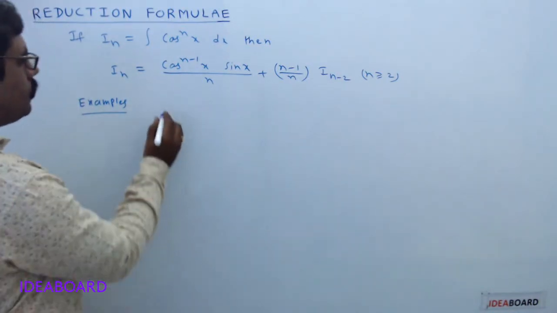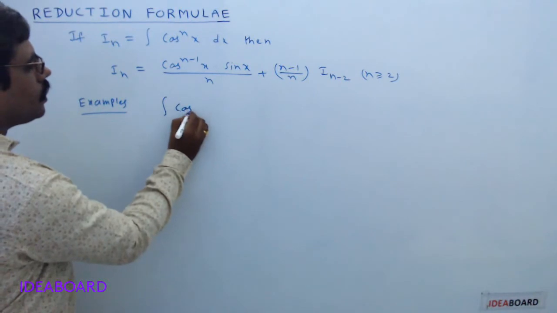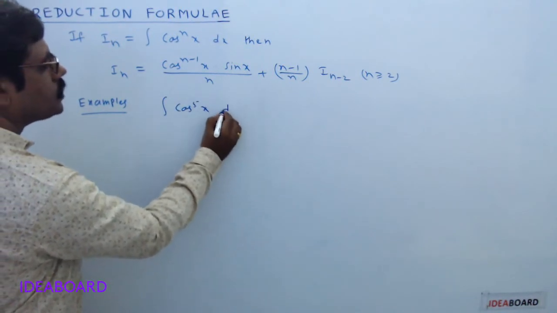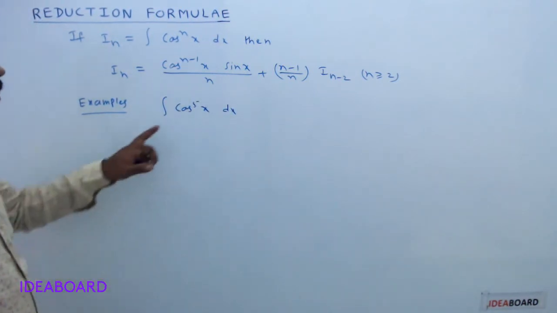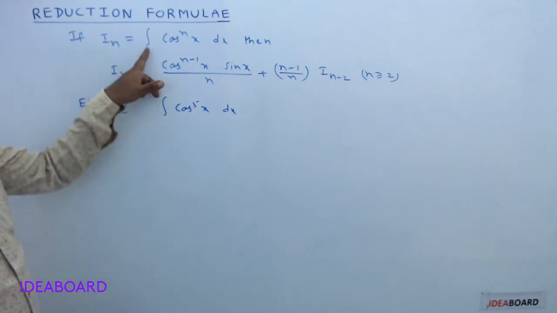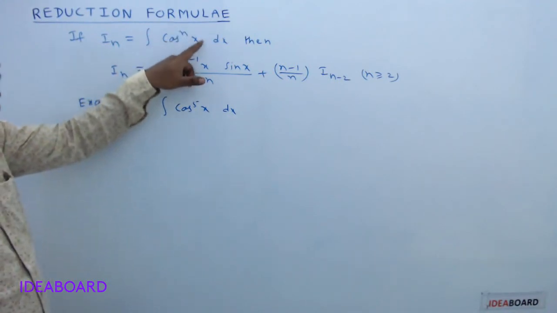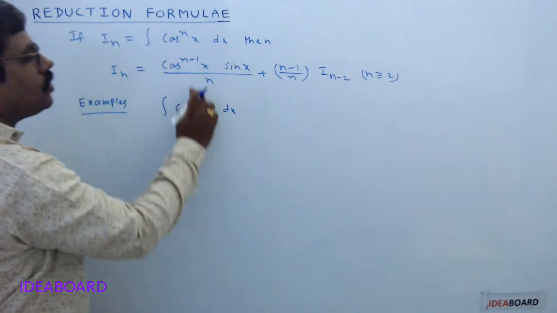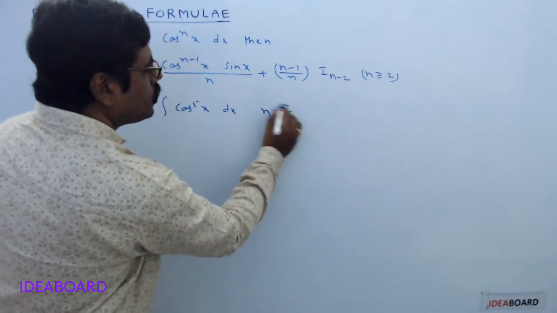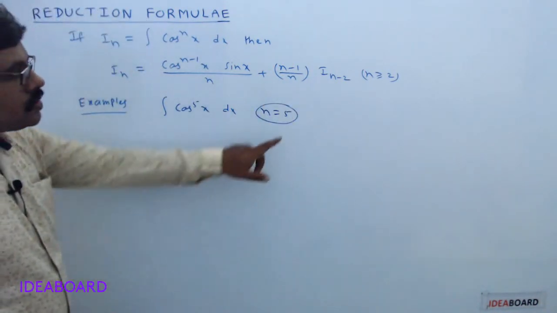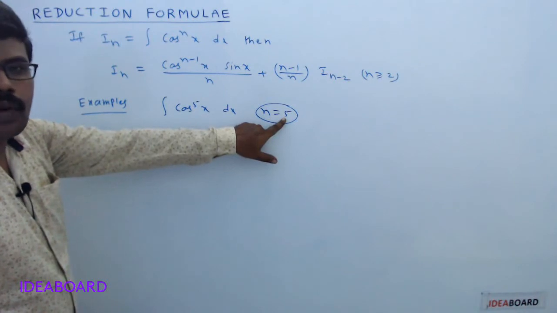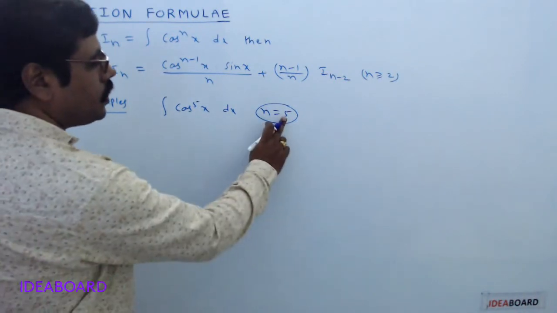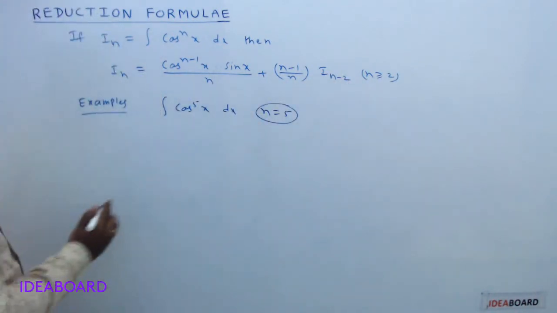Now see one more example. Integral cos power 5 x dx. If you compare this problem with the integral cos power n x dx, your n value is 5. N value 5. So clearly this value is more than 2. So substitute n equals 5 in this formula.